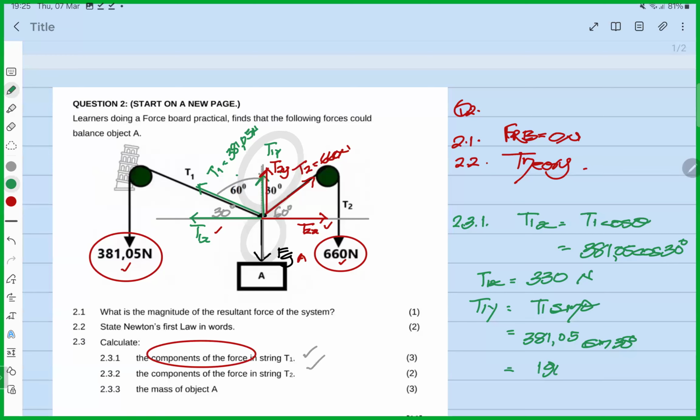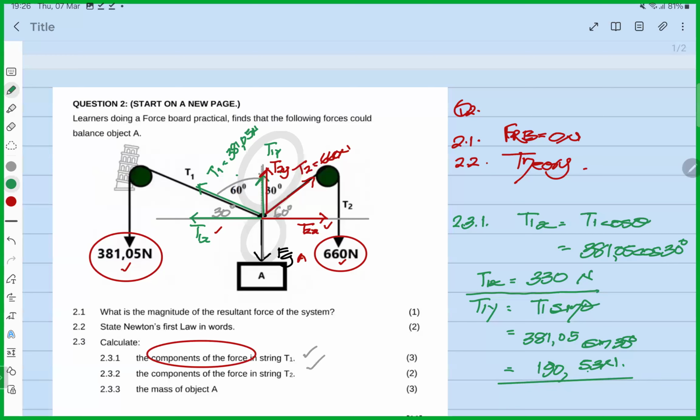Let me explain why we should round up to 2 decimal places. Because technically that's the end of the question. And that's the end of that question there.